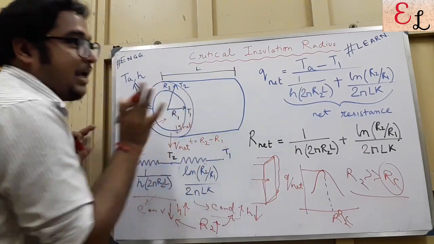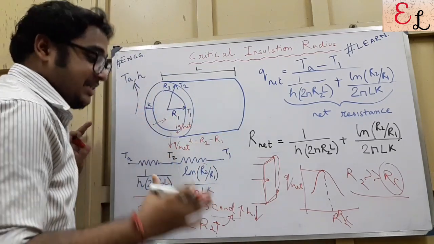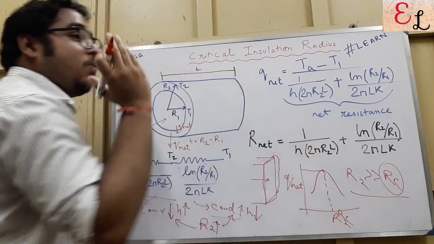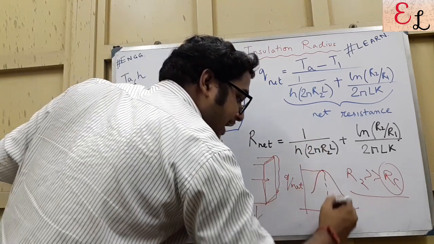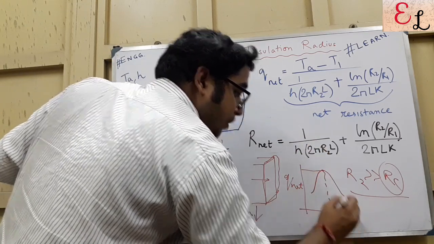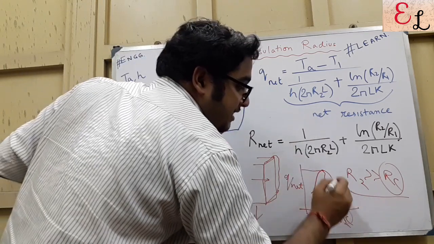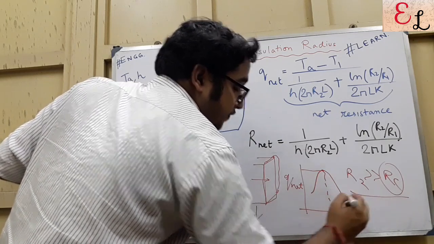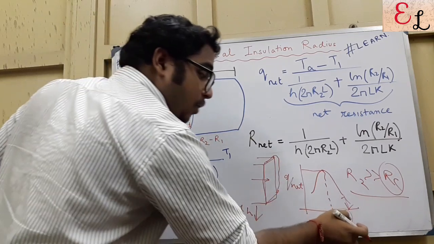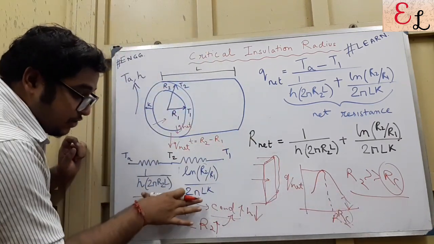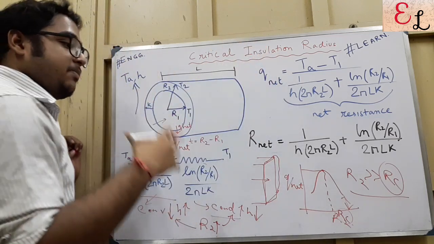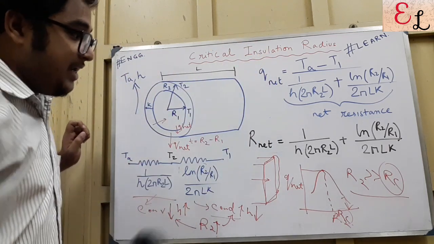Though we are increasing the insulation to increase the resistance, since it is decreasing the convective resistance, the net resistance will be minimum at some point. It will result in a maximum heat flow, and thereafter the resistance will further increase to minimize the heat flow. So we will have to find out where this total resistance becomes minimum so that Q becomes maximized.